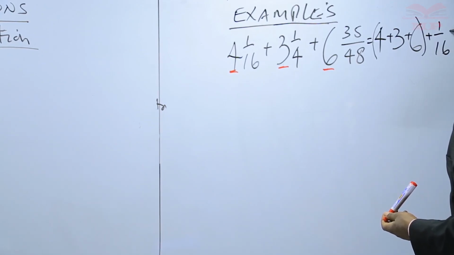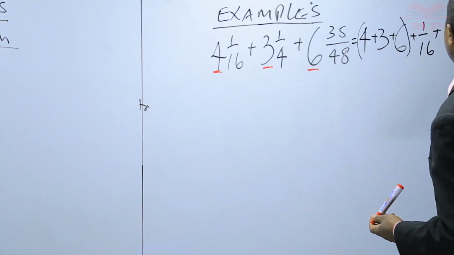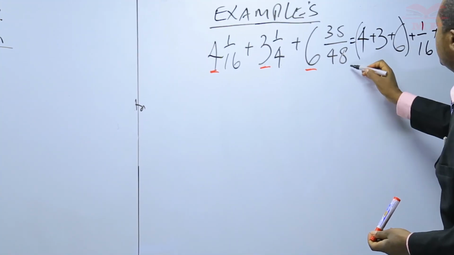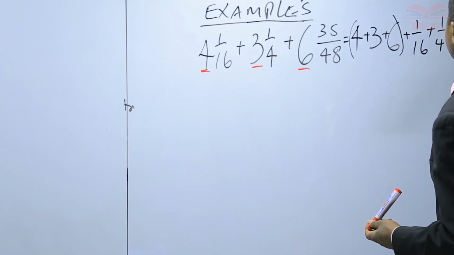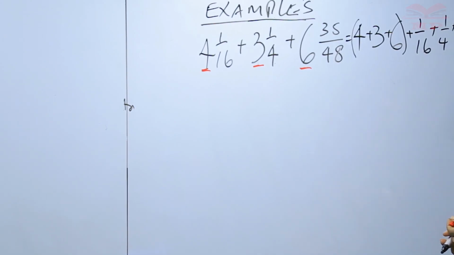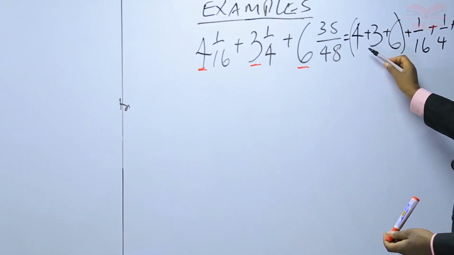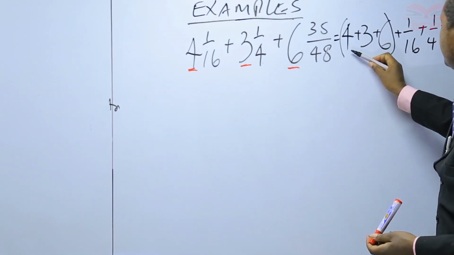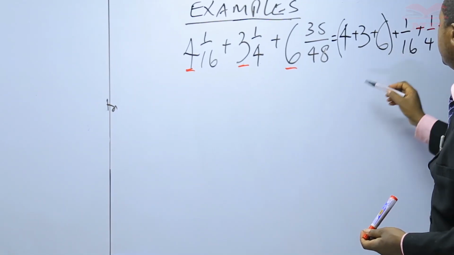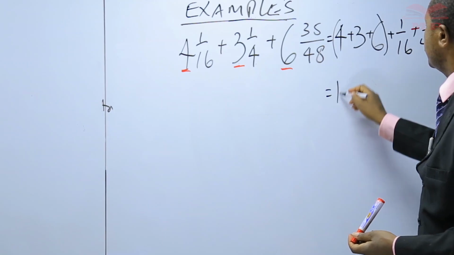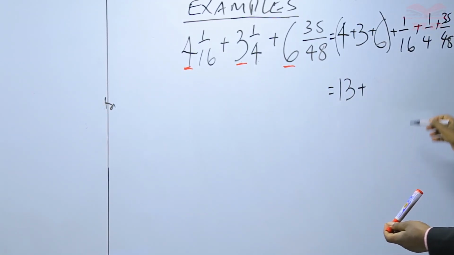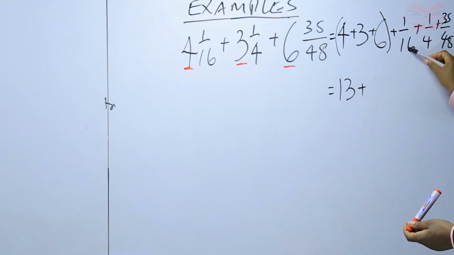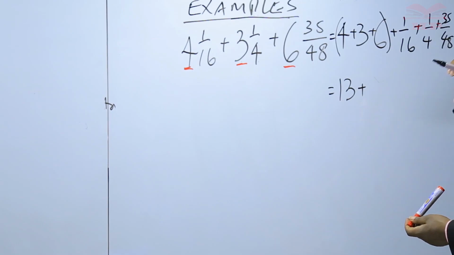1/16 plus 1/4 plus 35/48. So when you add the whole numbers, 4 plus 3 plus 6 will give us 13, plus 1/16 plus 1/4 plus 35/48.